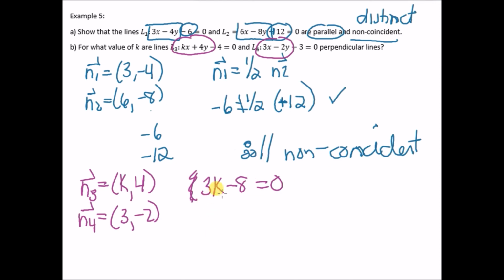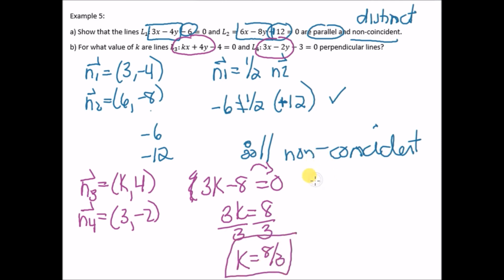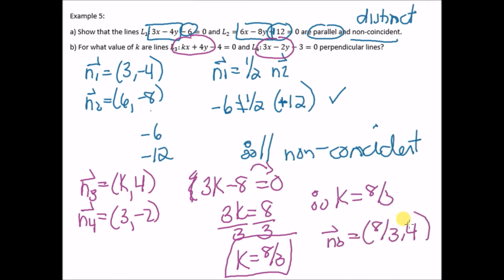This is going to equal 0. Let's solve for k. We have 3k equals 8, divide both sides by 3, and I get k equals 8/3. Therefore, k equals 8/3. We can also say that normal 3 now equals (8/3, 4).